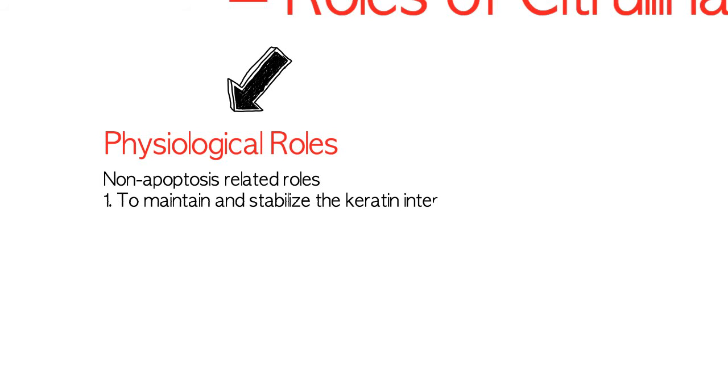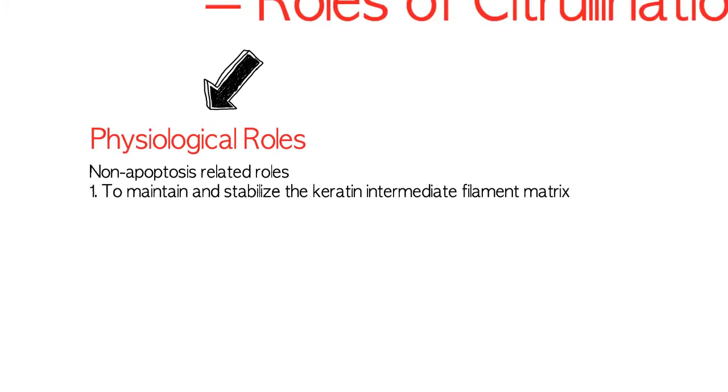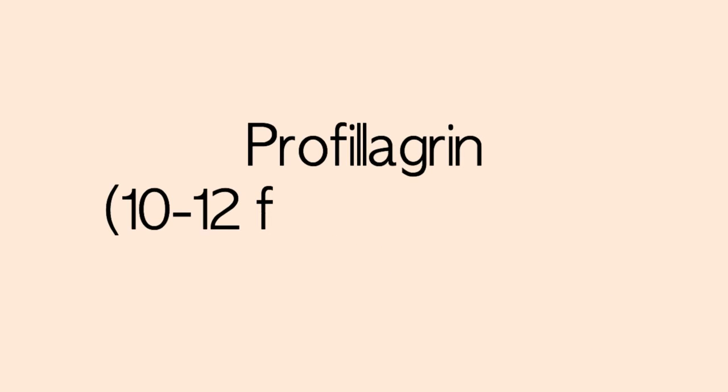In non-apoptotic cells, citrullination is involved in maintaining and organizing the keratin matrix at the epidermis terminal differentiation stage. Before differentiation, filaggrin is stored as profilaggrin.